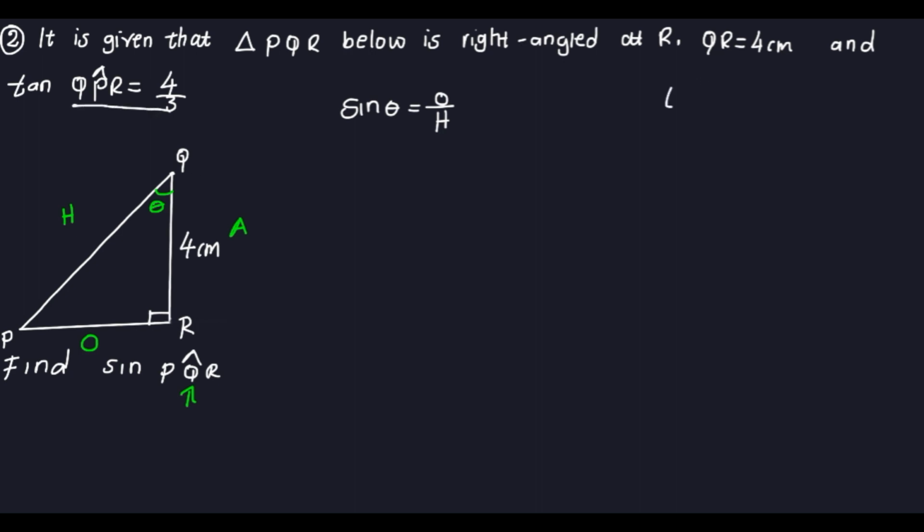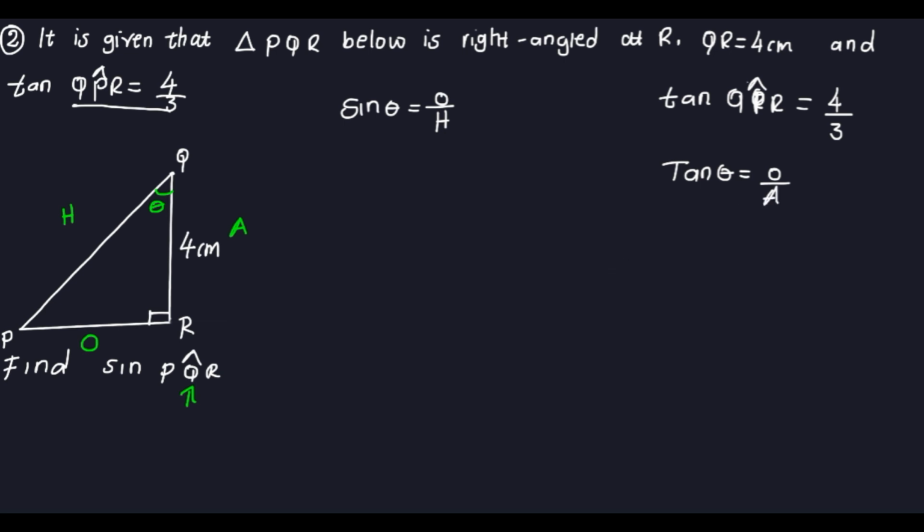So we are told tan QPR is equal to 4 over 3. So let's write the formula for tan. So tan theta is equal to opposite over adjacent.